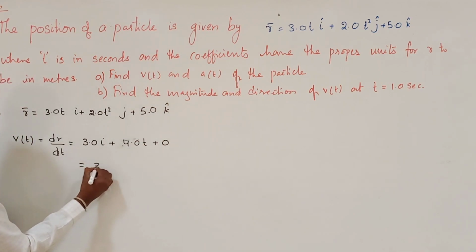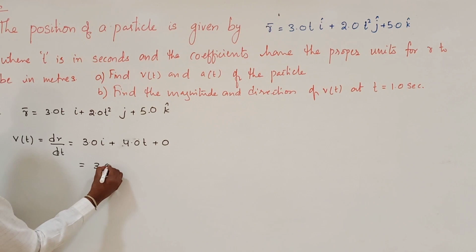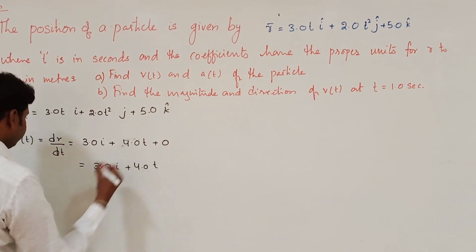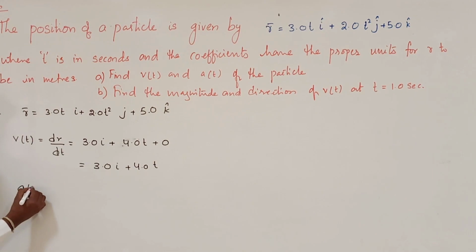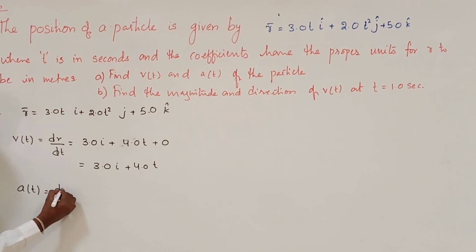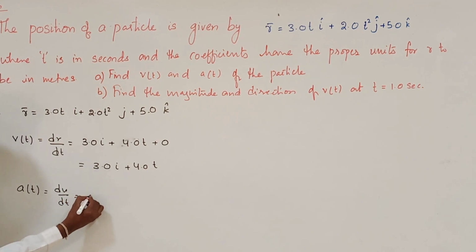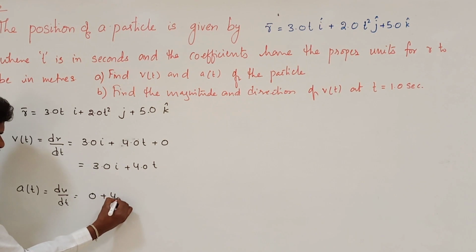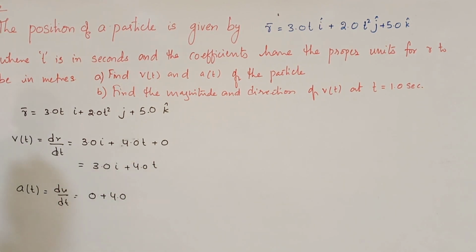Simply we can call it 3.0 i + 4.0t j. Acceleration as a function of time is equal to dv by dt. So this is 0 plus 4.0, because dt by dt is 1. The first one is over.